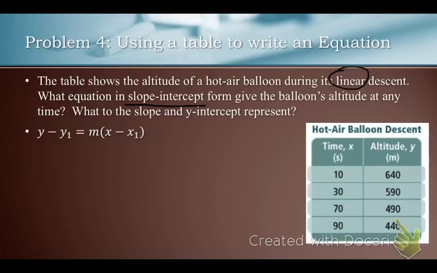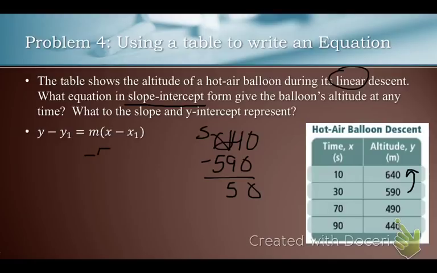So, I'm going to find my slope here. 590 to 640. Subtract to get 50, or going down 50. And over here I am going up 20, which means my slope is -5/2.